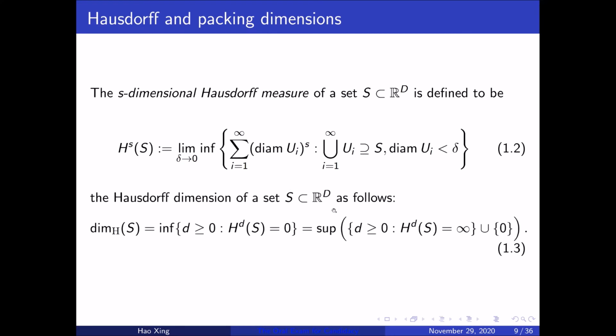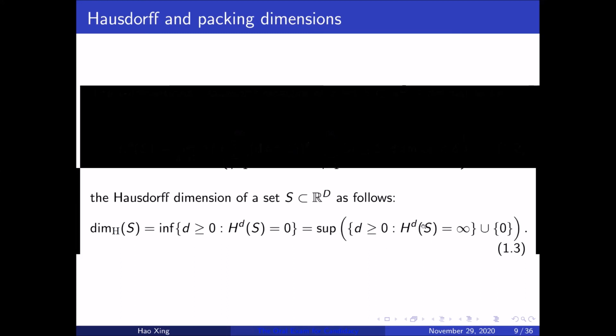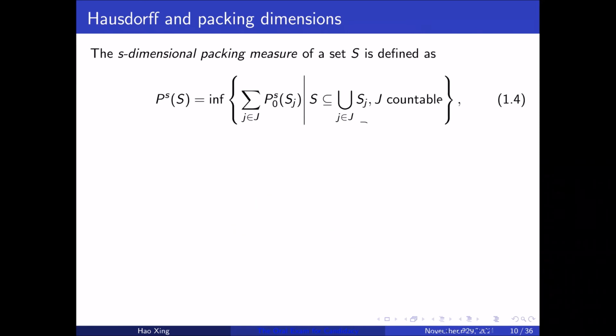And the Hausdorff dimension of the set will be the infimum of the d's with Hausdorff measure of S equal to 0. This can also be proved to be equal to the supremum of those d's with H^d of S equal to infinity.